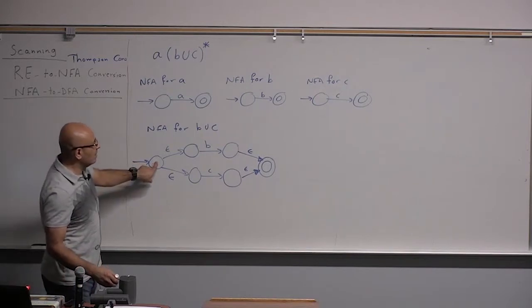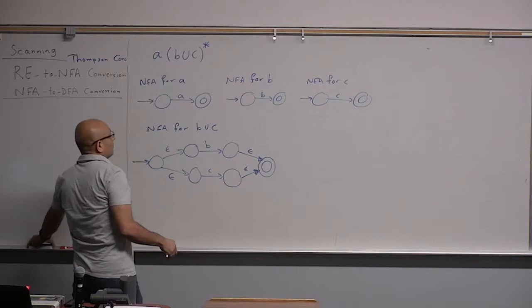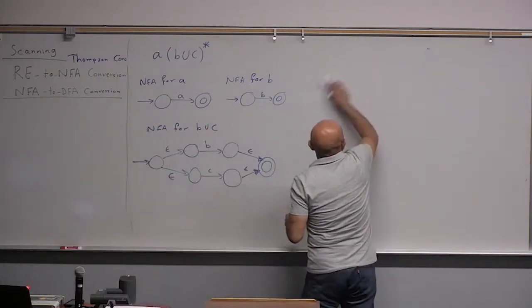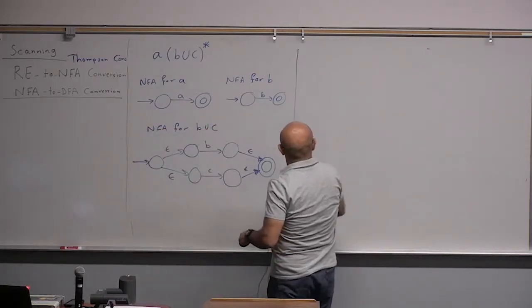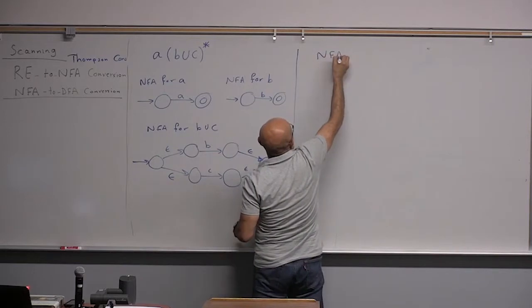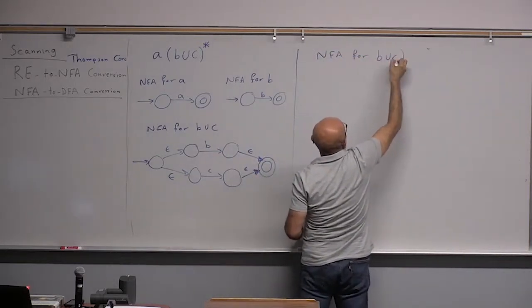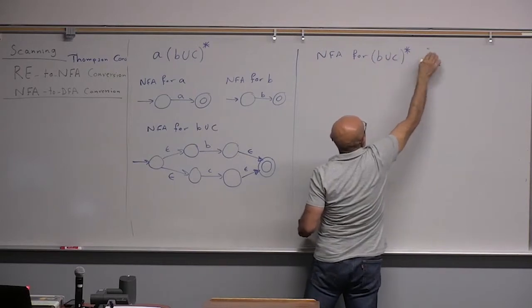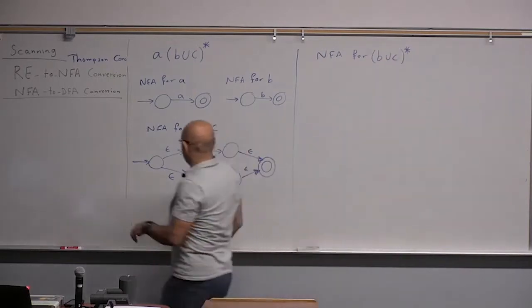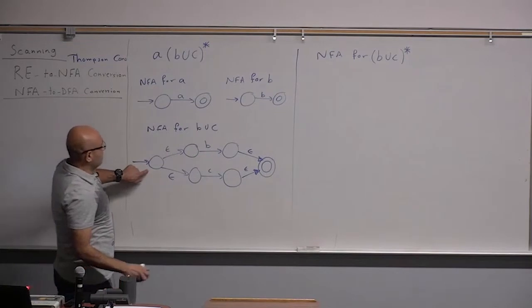So let's draw a new one. So NFA for B union C star. So to star something, we add a new state.